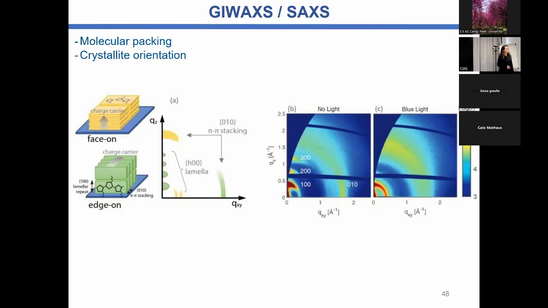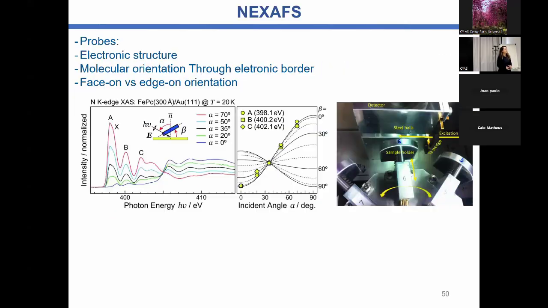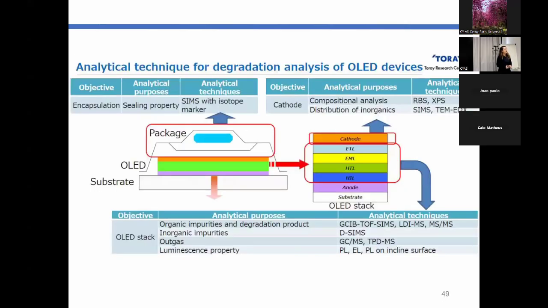In terms of information, we can see the organization of the structures, so maybe correlate face-on, edge-on, and also the distribution in the film. Here I just grabbed from the internet these analytical techniques to measure OLED.